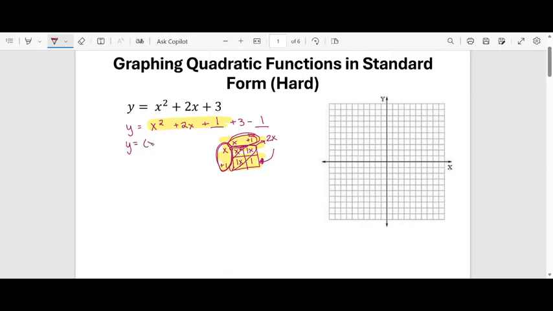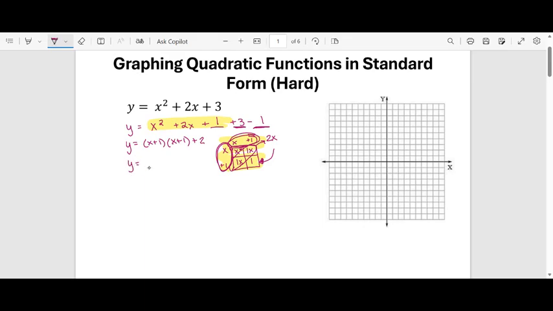So that's the factored version. So it can be x plus 1 times x plus 1. And then we had positive 3 minus 1 left over. So that will be plus 2 on the end. Now, whenever we have the same thing repeated, so these are binomials and it's the same thing, we can actually just go ahead and square it.